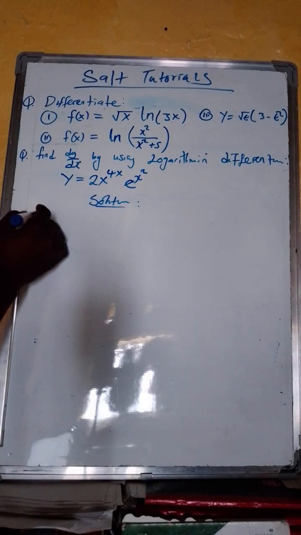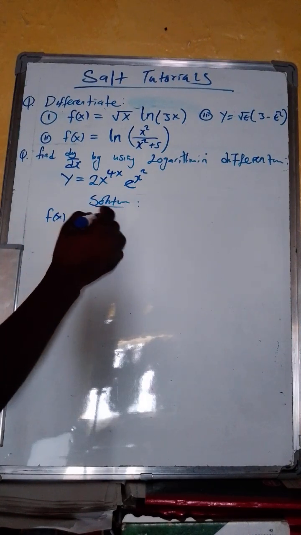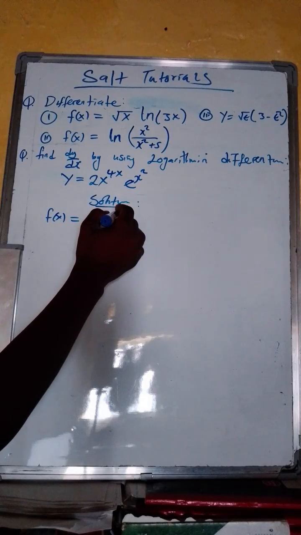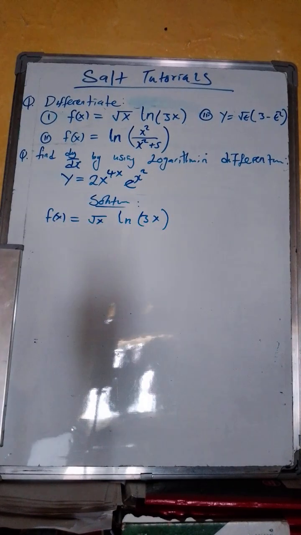The first one says that f of x is equal to the root of x multiplied by the natural log of 3x. We want to differentiate this function. When we differentiate it, what we end up with is what is known as f prime of x.